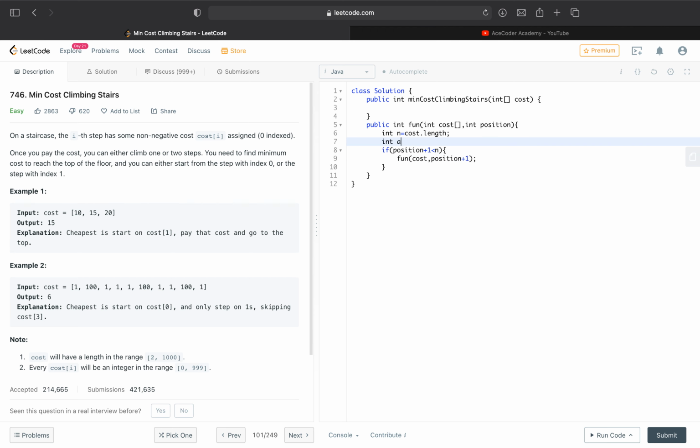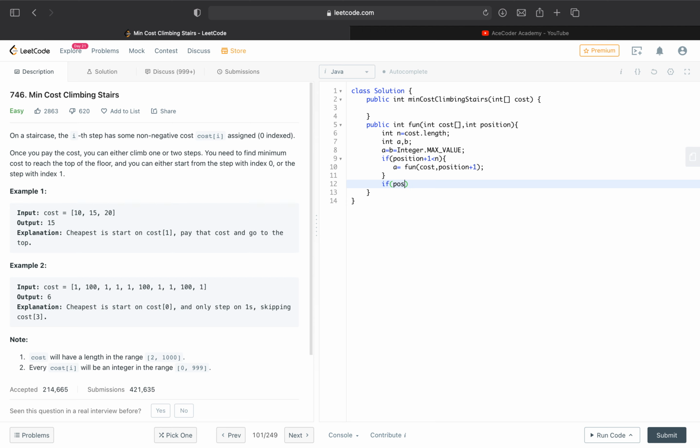We will make two variables, a and b, both initialized to maximum. So a will be this.